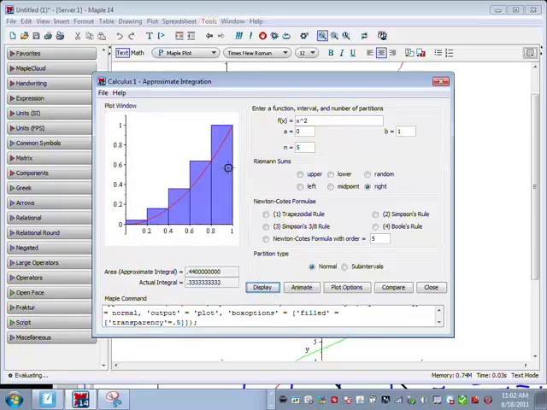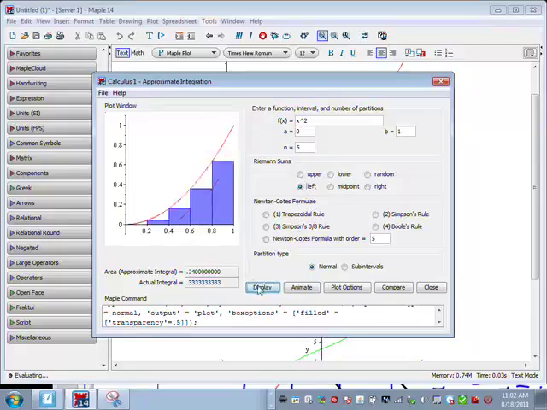So the right endpoint is too much. And if we do the left endpoint method, display, too little, 0.24.